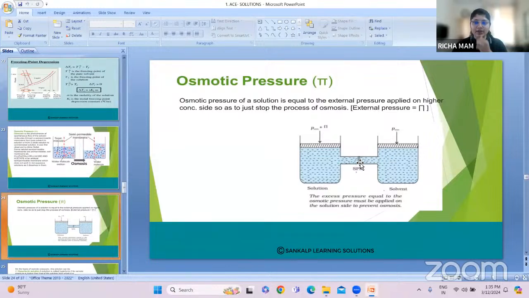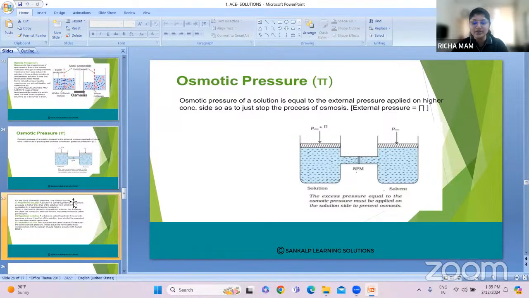It is applied on the higher concentration side so that the osmosis taking place can be stopped. This external pressure, the osmotic pressure, is denoted by the symbol pi.